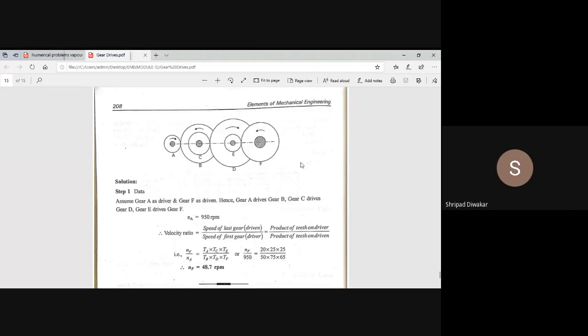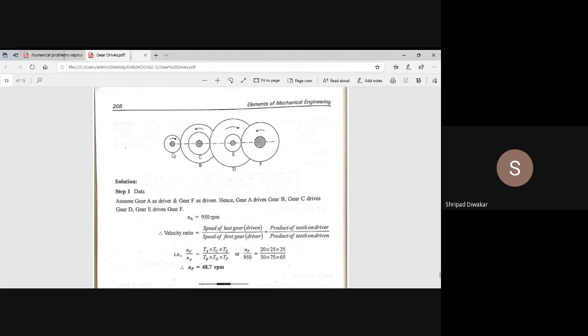Once again you see the diagram carefully. So can you observe what are the driving gears? TA is your driving, TC is your driving, and TE is your driving, because these three gears drive the other gears.